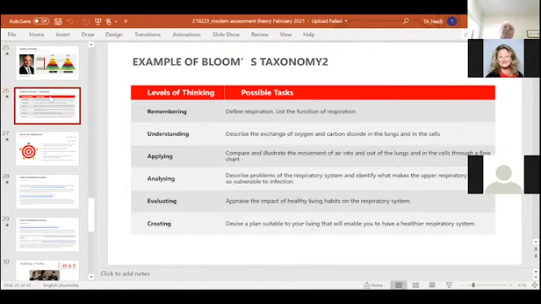As an example of Bloom's taxonomy, if you want to do something on respiration, and you ask students to define respiration, list the functions, etc., that's just recall. They know it, or they don't.